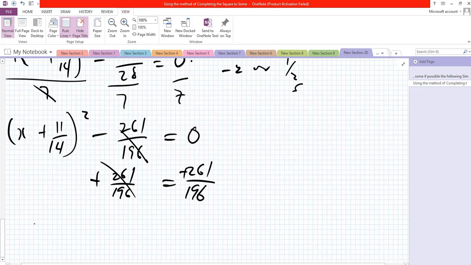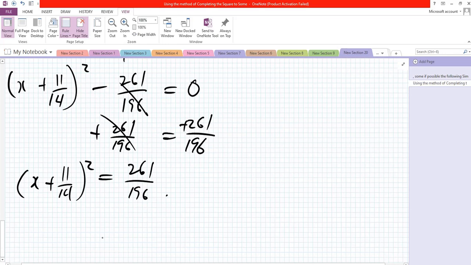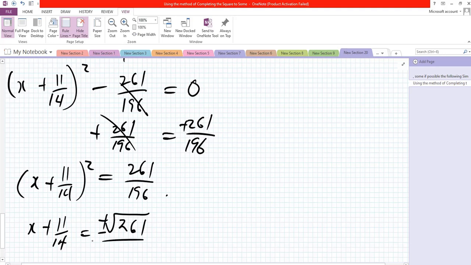At the left hand side, you're left with x plus 11 all over 14, all in brackets, all raised to power 2, is equal to 261 all over 196. Now taking the square root of both sides, you have x plus 11 over 14 equal to plus or minus the square root of 261 all over 14.